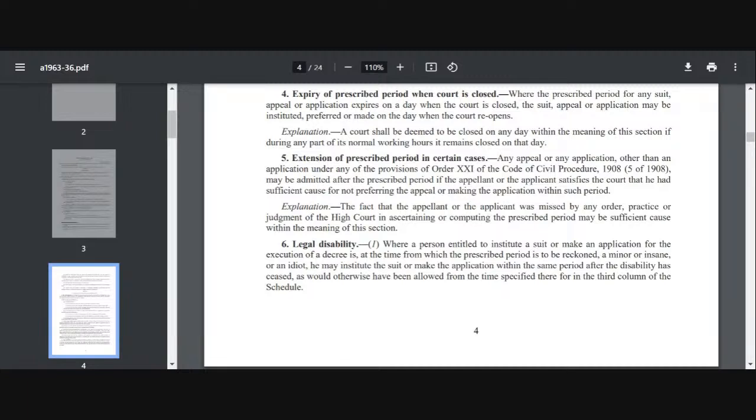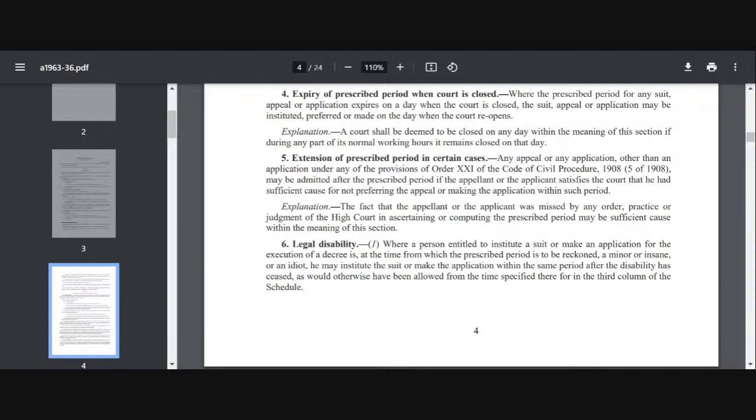And the object of section 6 here is to protect the minor and the persons who are suffering from such disabilities. So we don't want to put you in a disadvantaged position where you don't even know how to proceed and how not to proceed. So for that reason, the law says that for these things, the period of limitation will be suspended for the time until that disability ceases.